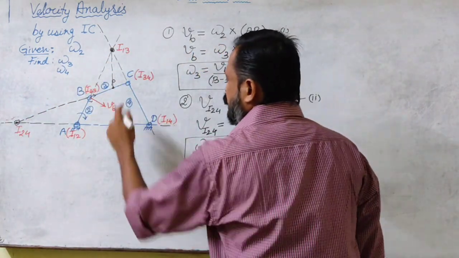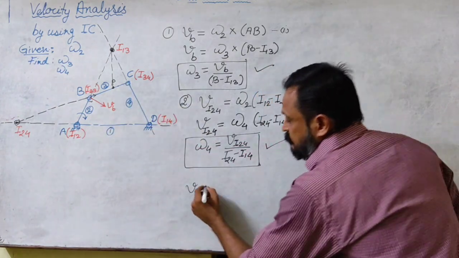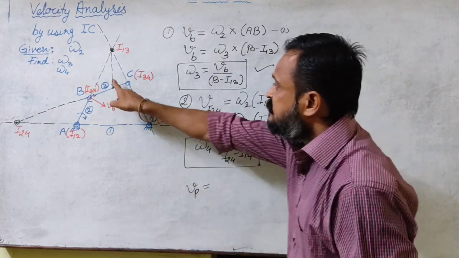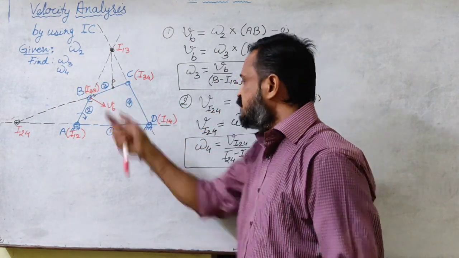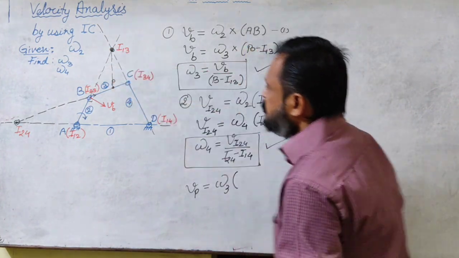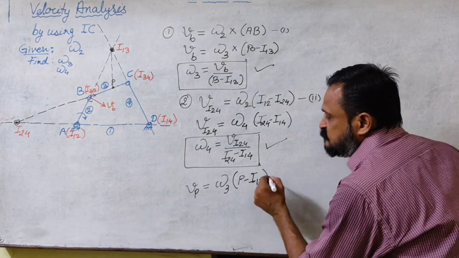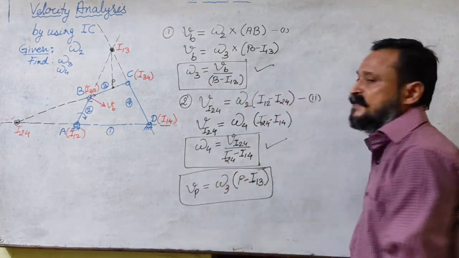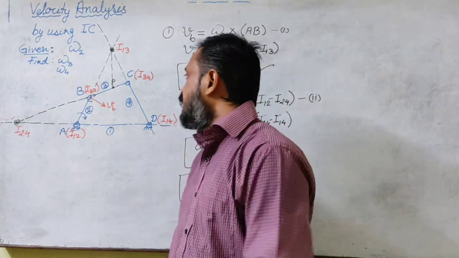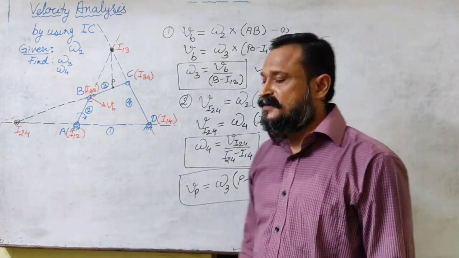I can determine the absolute velocity of P: it is on link 3, so it should be omega 3 into the distance PI13. That is how for any other point whose velocity is to be determined, I can determine those velocities once these are determined.